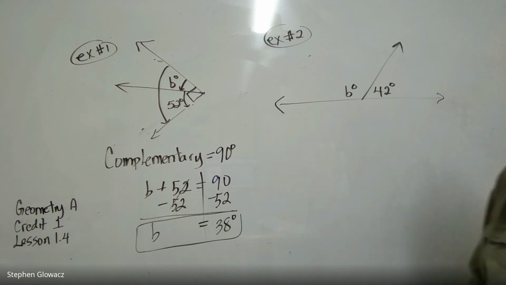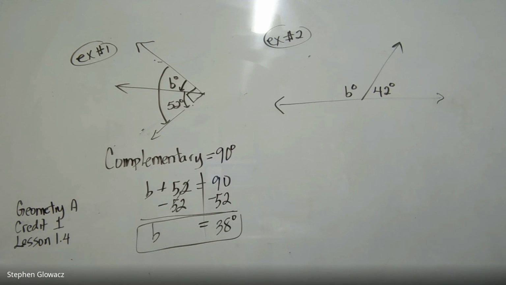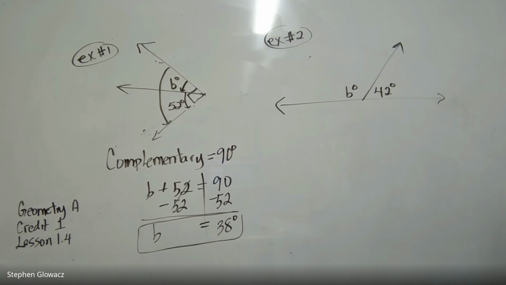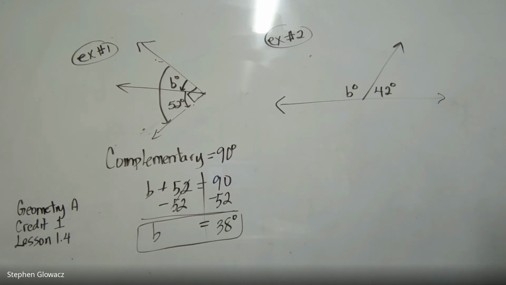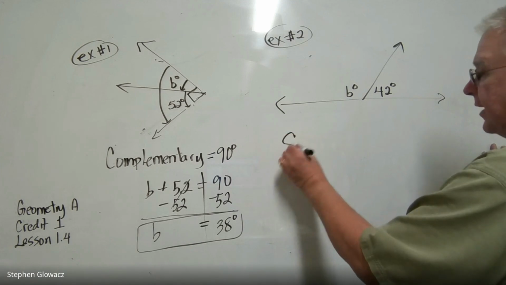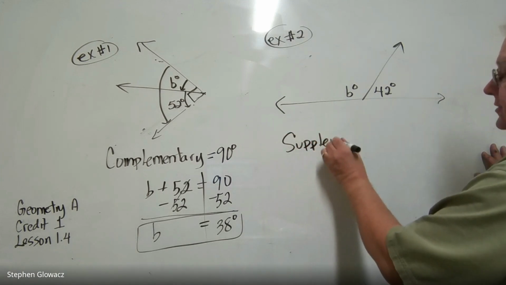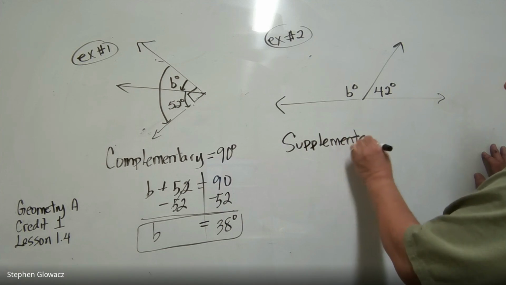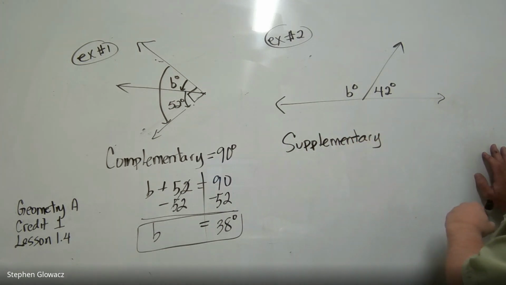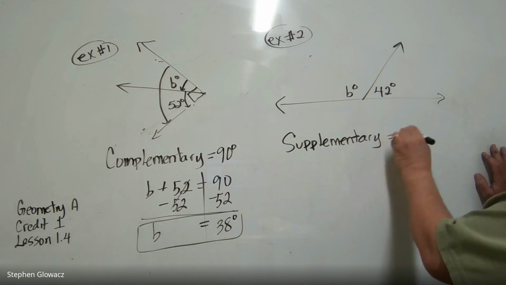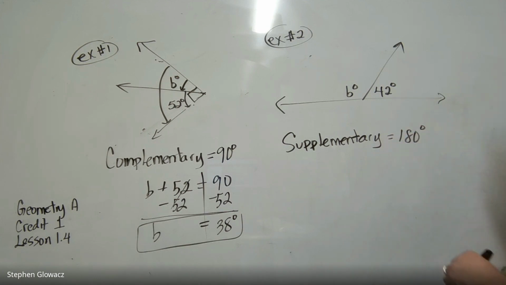For problem number 2, it says find the value of B given the pair of angles are supplementary. Well, we just learned what complementary means, that those are two angles that add up to 90 degrees, and supplementary means the two angles add up to 180 degrees.